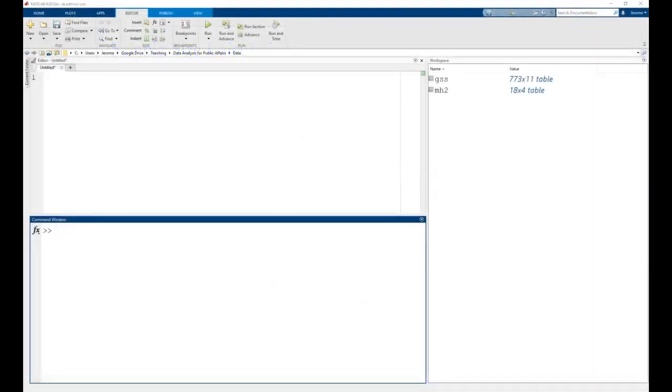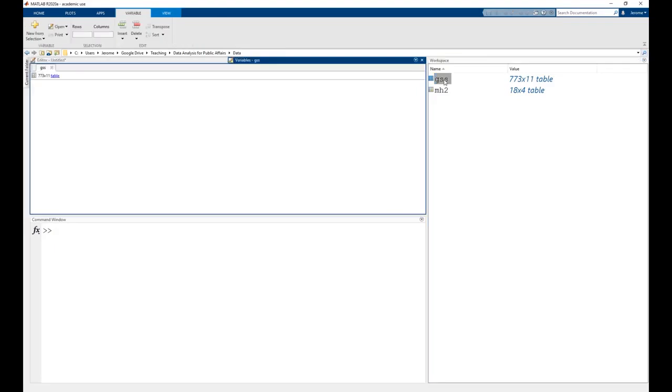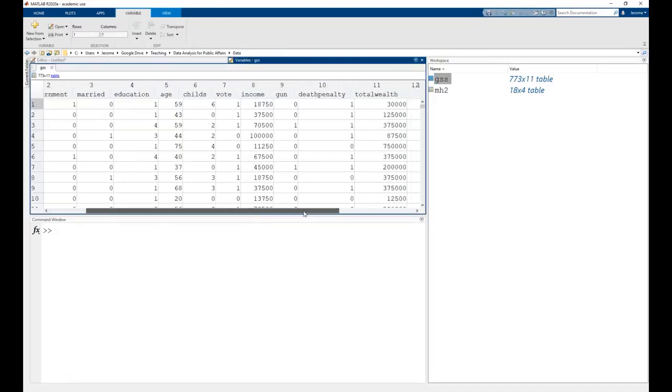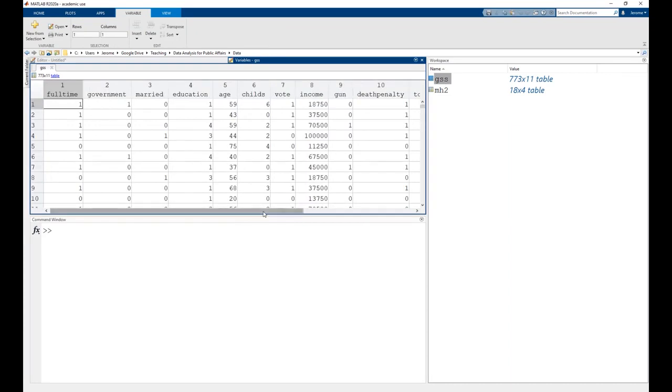To calculate the confidence interval for a proportion, we are going to use the data GSS, and in particular the variable vote. This indicates whether a person has voted during the last election with yes or no. Yes is indicated with a 1, no is indicated with a 0.